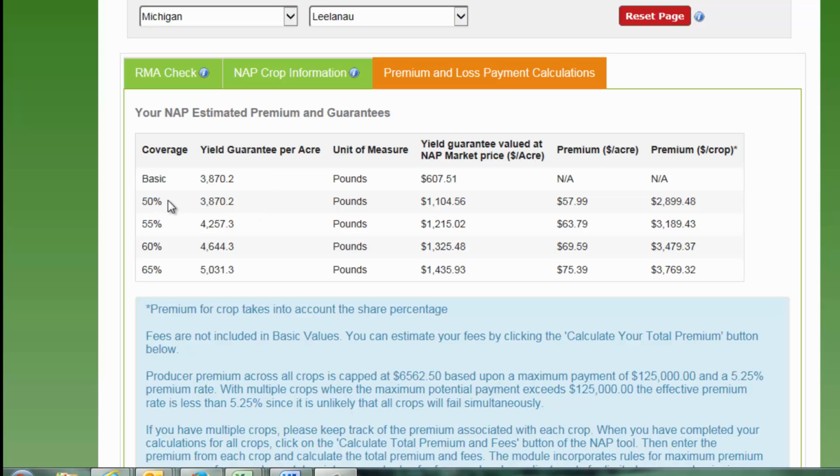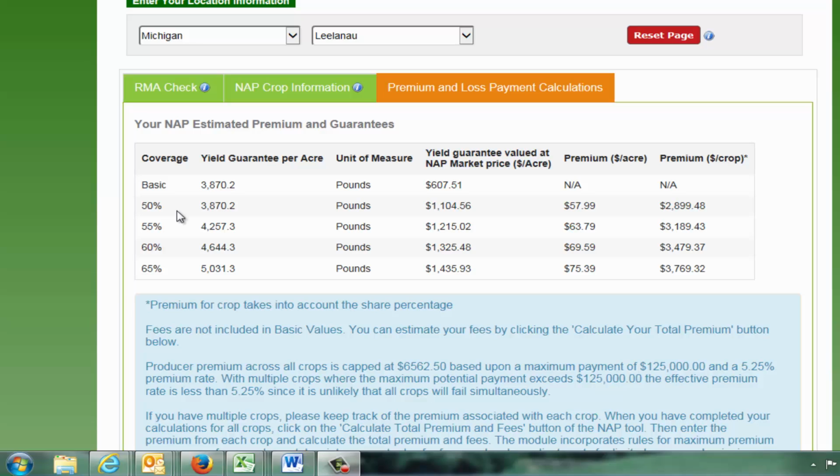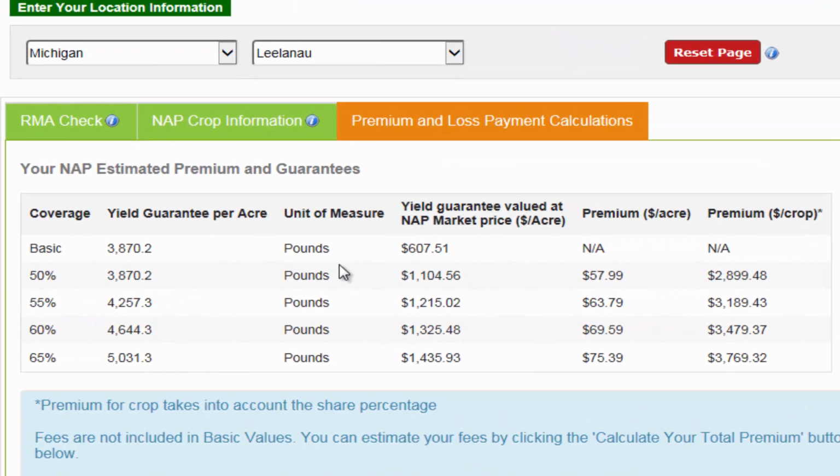Then we have our 50% coverage. So 50% of our approved yield is 3,870.2 pounds. You multiply that times the market price, which is just under 29 cents here, and you have a yield guaranteed value at the market price of $1,104.56. The premium per acre then is 5.25% of this number, or $57.99.